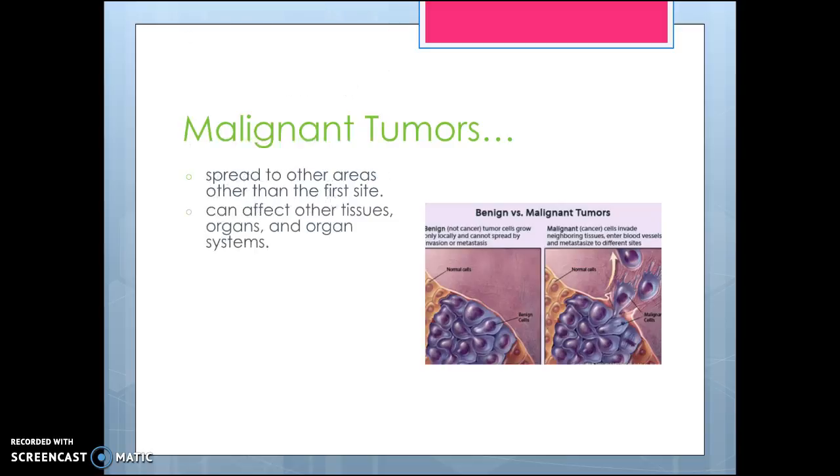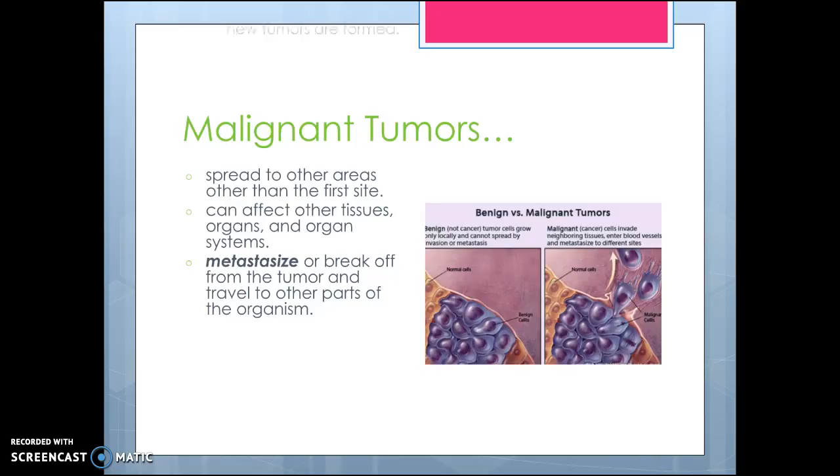They can affect other tissues, other organs, and whole organ systems. They metastasize, or break off from the original tumor, and travel to other parts of the organism and cause other tumors to form.